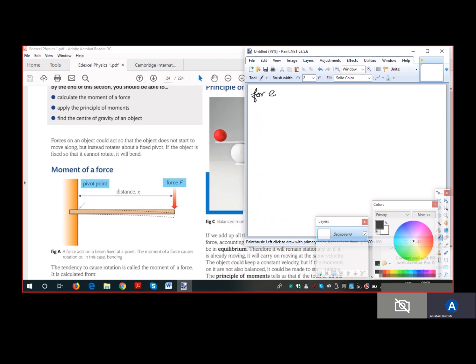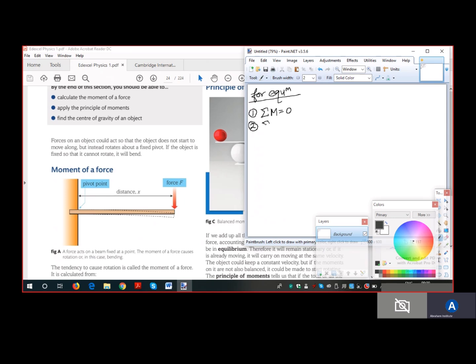For equilibrium, the first condition is the resultant moment, sigma M, where sigma indicates resultant, should be zero. And the second condition is the resultant force should be zero.